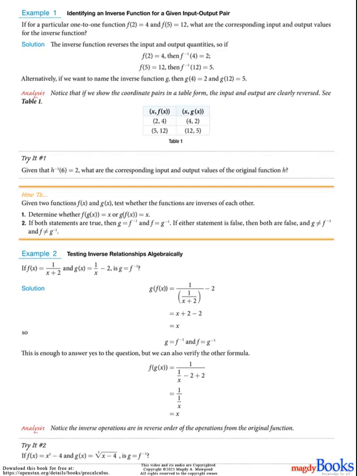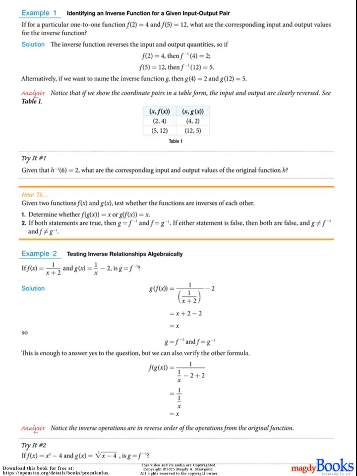Solution. g of f of x equals 1 divided by, open parenthesis, 1 over x plus 2, closed parenthesis, minus 2, equals x plus 2 minus 2 equals x. So, g equals f inverse and f equals g inverse.